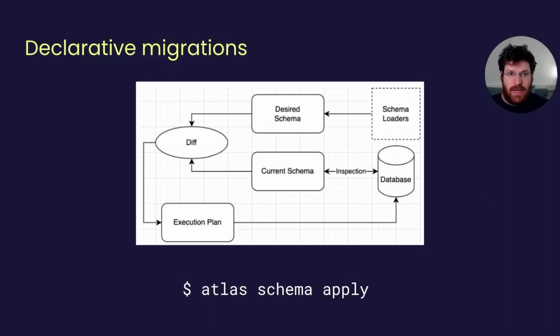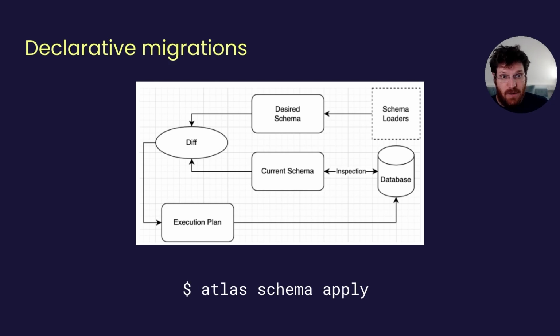So let's just recap how declarative schema migrations actually work. When Atlas runs with the schema apply command, or what you just saw as the Terraform provider, it starts with the desired schema. This desired schema is provided by something called schema loaders. Atlas comes pre-packed with a bunch of these that allow you to load the desired state of your database in a bunch of ways.